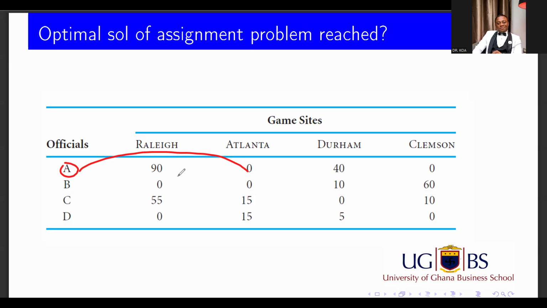Did we have costs? No, we didn't have costs. You said D can what? Sorry. D can also go to Clemson. It has 0 under Clemson. Yes, D will have to go to Clemson. It has 0 under Clemson. Okay. But I need to give you a reason why D has to go to Atlanta than it has to go to Clemson.